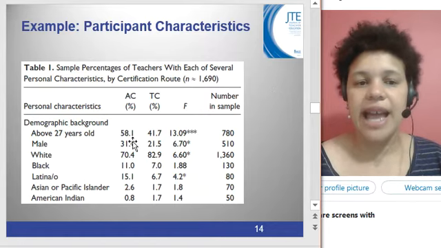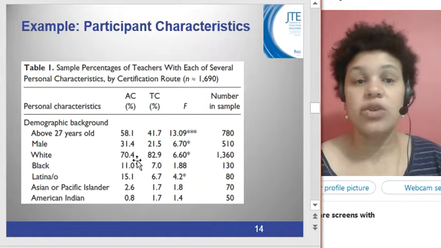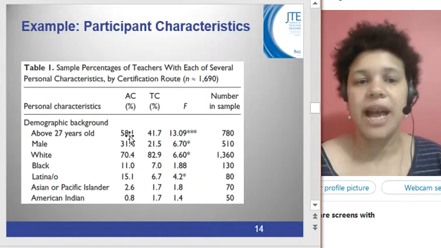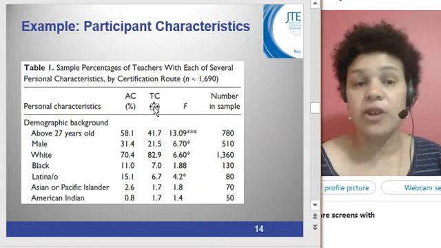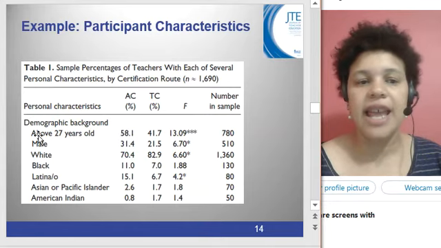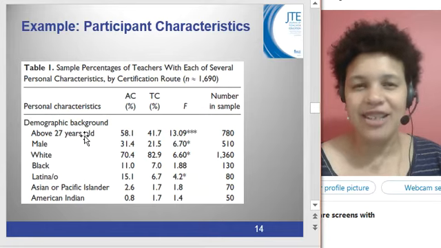And I also break down the percent of teachers who reflected that background by whether they were alternatively certified or traditionally certified. So you see that in terms of above 27 years old, I was basically going about 5 years after college, right?